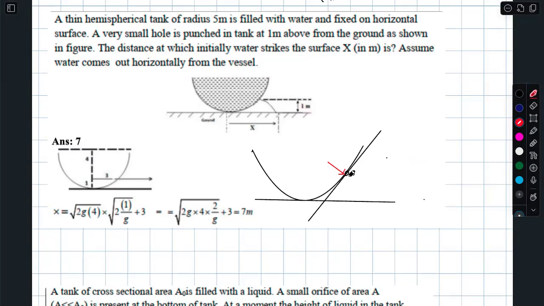So try to please understand this water which comes out will have two components. One is vertical component, the other is horizontal component. The one more important point is you took this as a 1 meter.